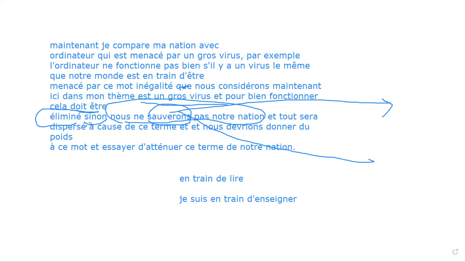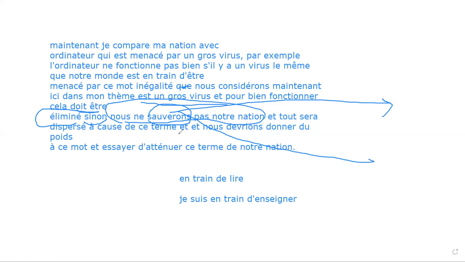Et tout sera dispersé à cause de ça. And everything will be scattered, dispersed. Et tout, and everything, tout is all, sera is will be, dispersé. Et tout sera dispersé à cause de ça, and everything would be scattered because of this term.